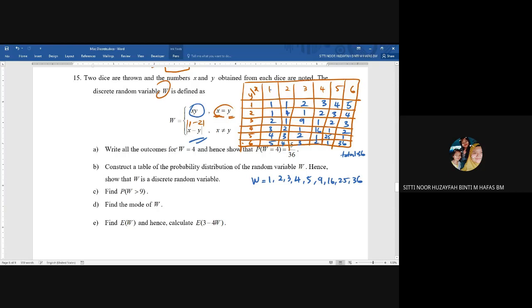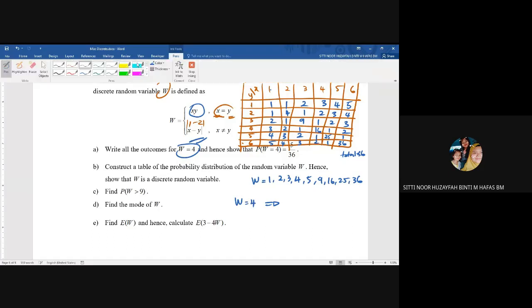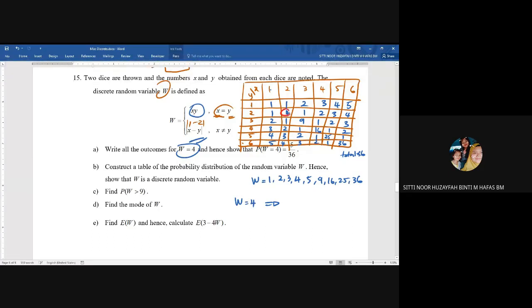Now, write all the outcomes for W equal to 4. So for W equal to 4, what are the outcomes? So where is 4? Okay, let's use another pen. So 4 is here, here, here, here, and here. So the outcomes will be (2, 2), or (5, 1), or (6, 2), or (1, 5), or (2, 6).